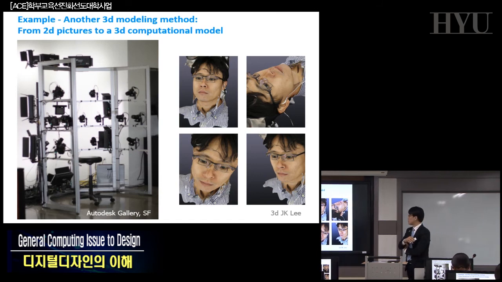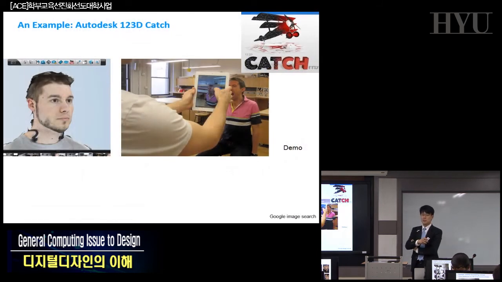But actually, nowadays, we don't need that kind of expensive hardware. Using your tablet or your smartphone, what you need to do is just install Autodesk 123D Catch, and then you can generate this kind of image-based 3D geometry. Let me show you again. Demo.